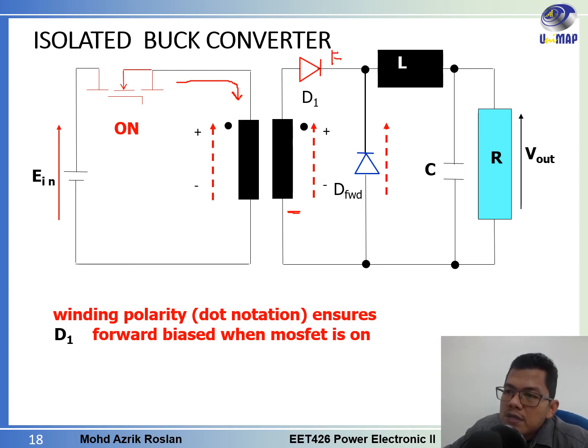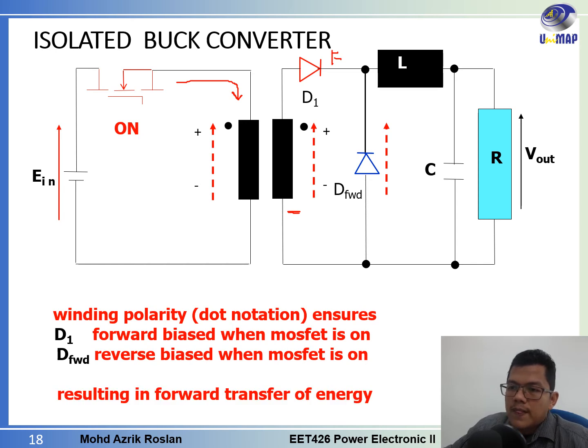At this terminal, this is the anode terminal, we have the negative voltage here, so this one will be reverse biased. So the current will not flow at this junction, because this is reverse biased. So we will have the forward transfer of energy from here. It can move to this side.